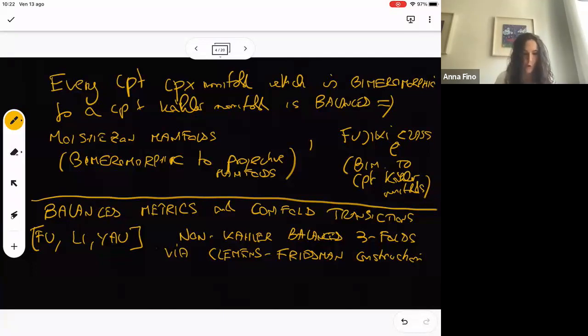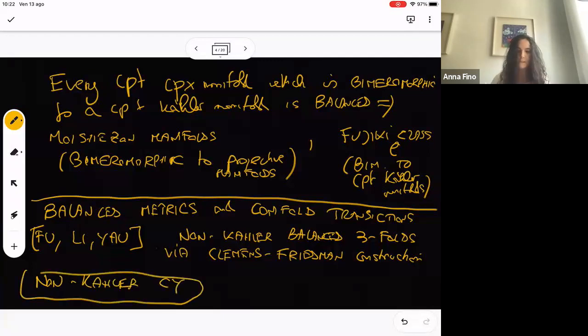Non-Kähler Calabi-Yau, that means that they have all the properties of a Calabi-Yau manifold, so the complex dimension is three, you have a holomorphic three-form that never vanishes, okay? But the metric is non-Kähler.